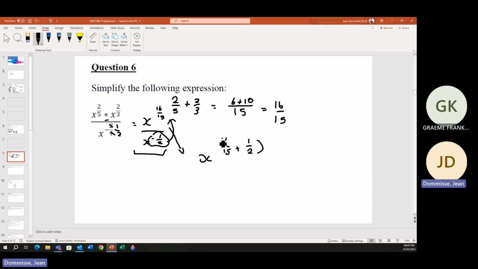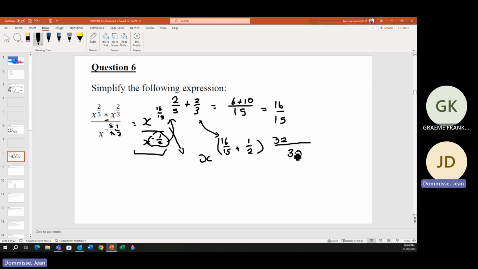And now we can do the same with that as we did in this instance. So we follow the same principle. Again, if I look at this, I don't see anything except 30 that we can use as the common denominator. So if I use 30, 15 to 30 is times 2, so 16 times 2 is 32.